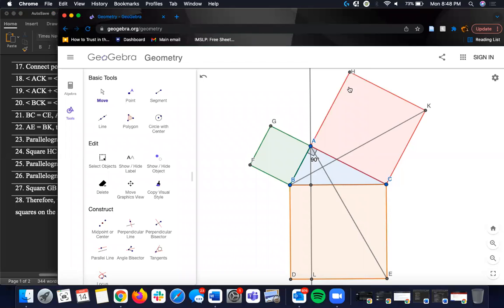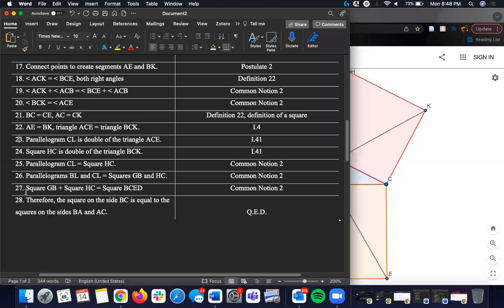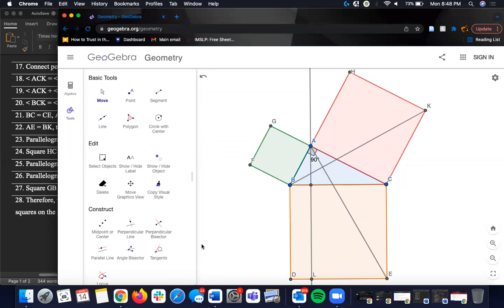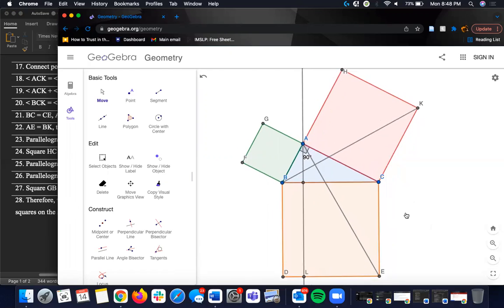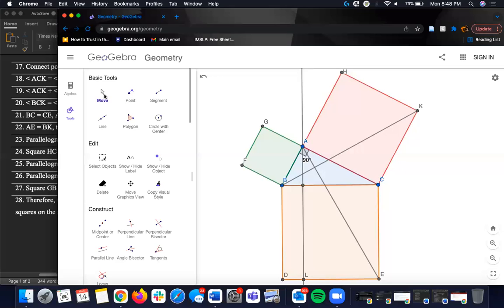So parallelogram CL is equal to square HC, according to Common Notion 2. Parallelograms BL and CL equal squares GB and HC, according to Common Notion 2. So therefore, squares GB and HC are equal to the bigger square BCED, according to Common Notion 2. QED.